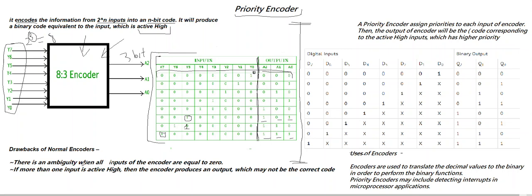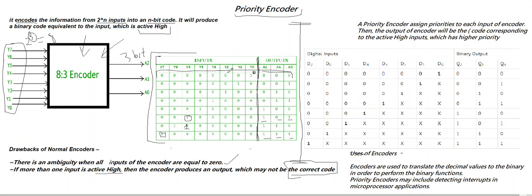That is the drawback. There is an ambiguity when all the inputs of the encoder are equal to 0, and the other drawback is that if more than one input is active high, the encoder produces an output which may not be the correct code.